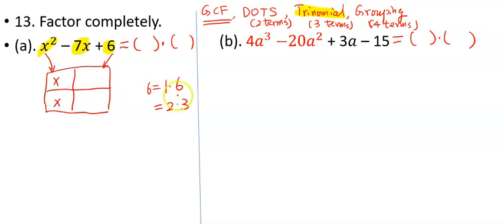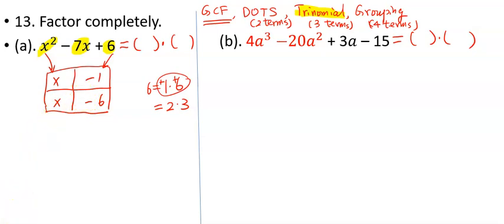But notice these 2 numbers will add up to 7, which is opposite of -7. So that means I have to flip the sign from +1, +6 to -1 times -6, because -1 times -6 is also +6. 2 negatives make a positive. So usually we start with the positive numbers, but if they don't work, you can change them to negatives.